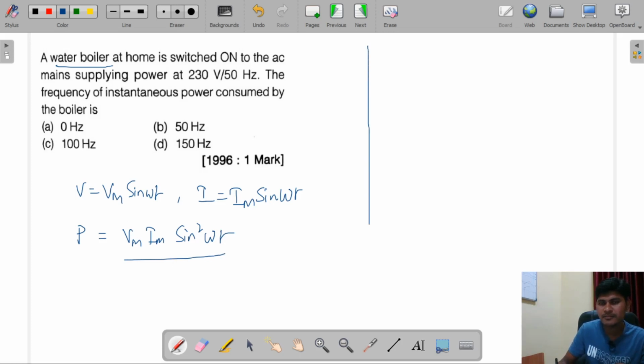Coming to the wave diagram, this is voltage, supply voltage.